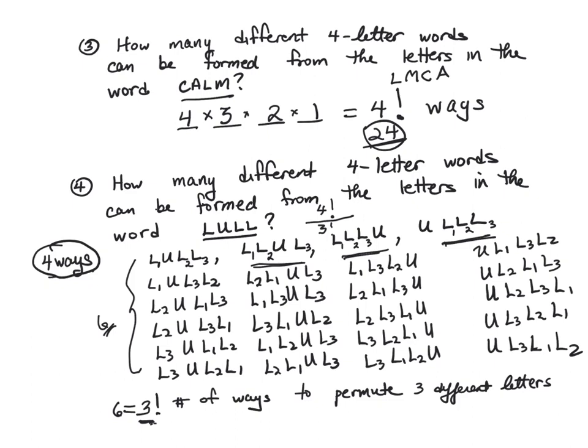So notice that this would give us 4 times 3 times 2 times 1 divided by 3 times 2 times 1, and we get our answer of 4. So this leads to a very important formula.